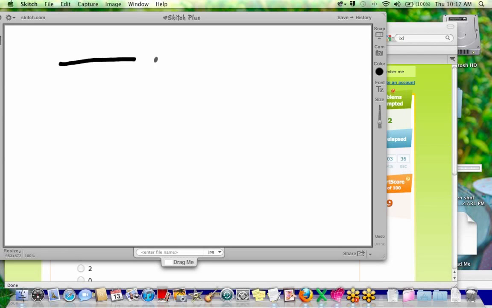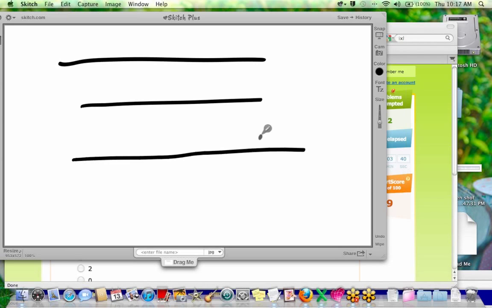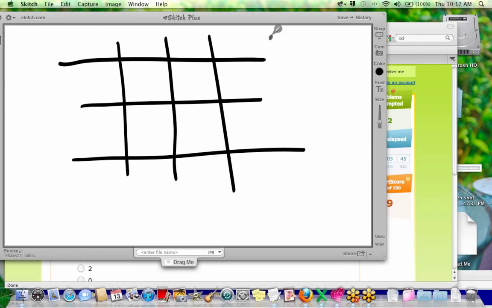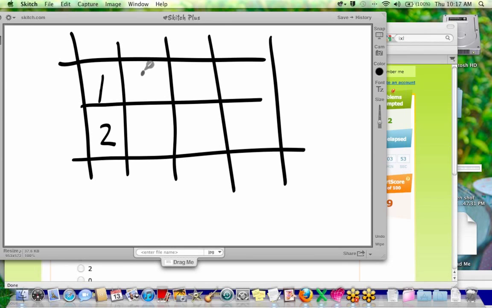I'm going to make a table. Not very good at drawing.